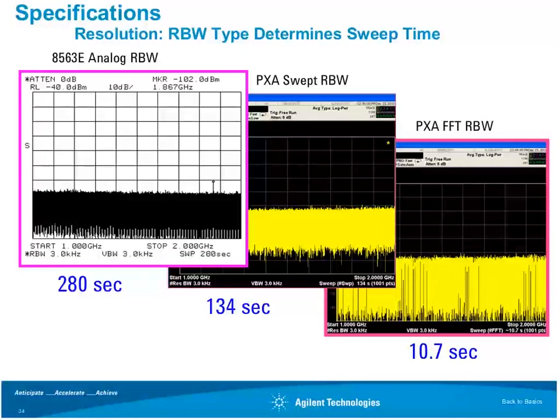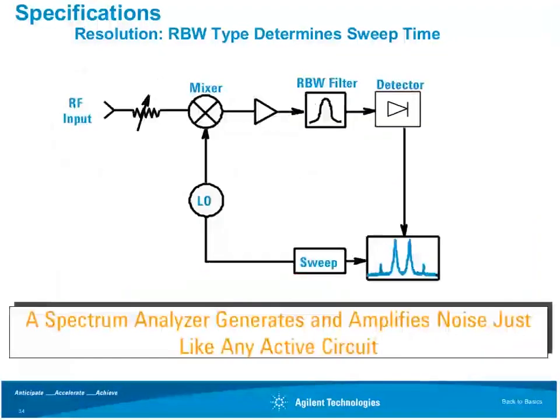Now with a modern analyzer that has digitally implemented IF filters like the PXA, under those same settings, 1 to 2 gigahertz with a 3 kilohertz bandwidth, we've cut that sweep time down in half. But 134 seconds is still a long time. So an even better technique here would be to do an FFT, and you can see that we reduce the sweep time by an order of magnitude. We're down to 10.7 seconds, so much faster measurement using the FFT technique.